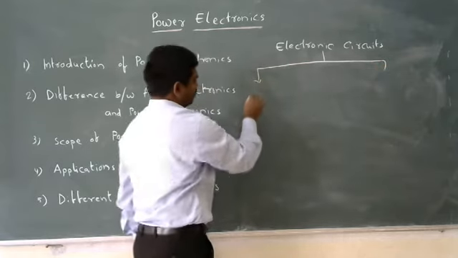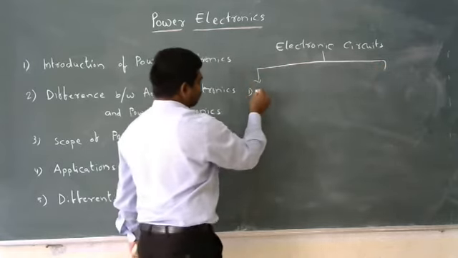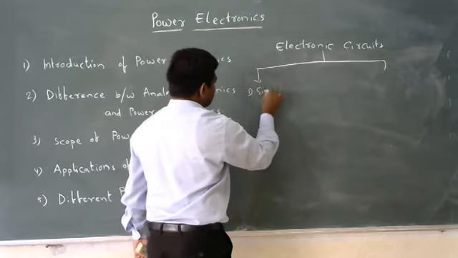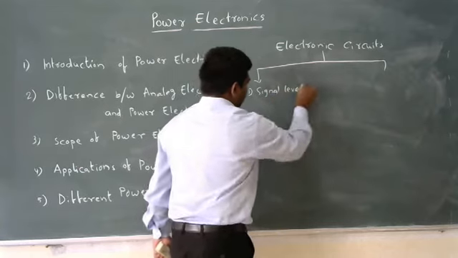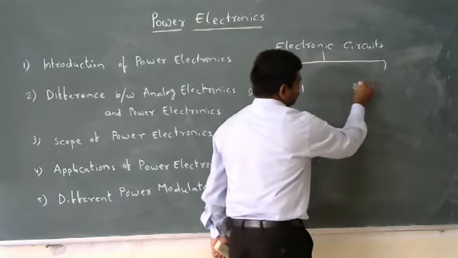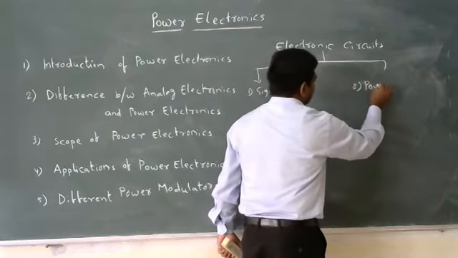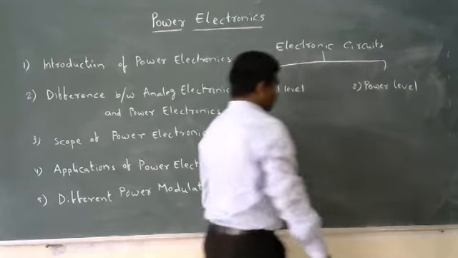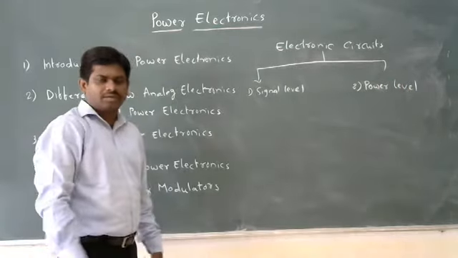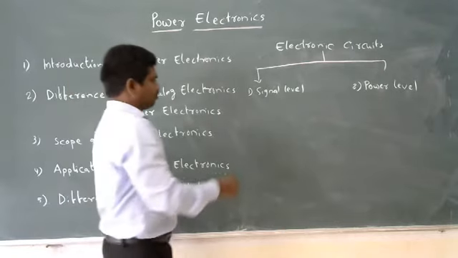One is signal level electronic circuits. Second one is power level electronic circuits. Signal level electronic circuits and power level electronic circuits.